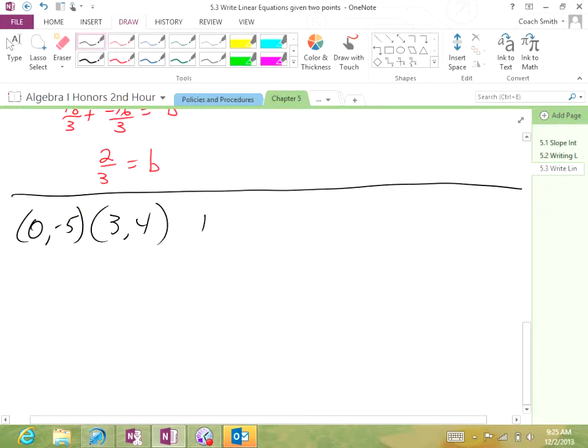So, first step, find the slope. Okay, so that's x1, y1, x2, y2. Okay, so that's going to give me 4 minus -5. Is that right? 4 minus, yep, okay.